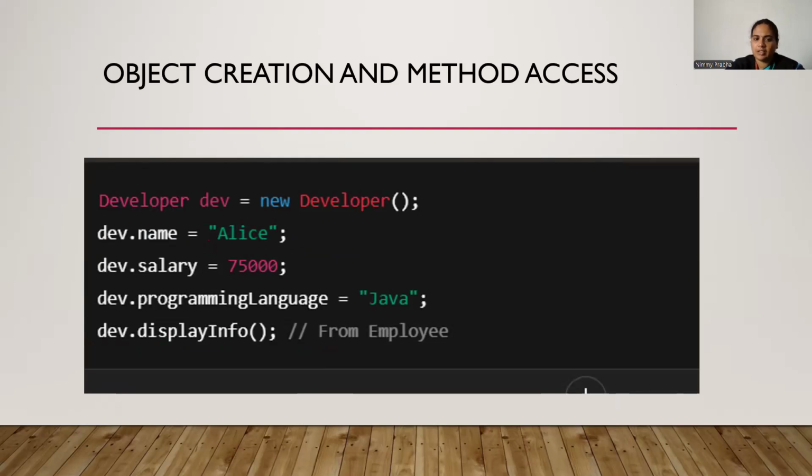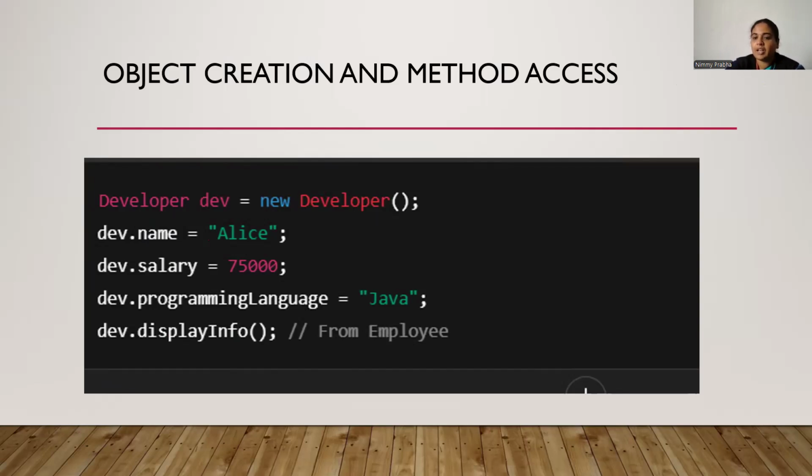Here we created one object for the Developer class: Developer dev is equal to new Developer. With the help of that object, we input some details to the developer: name, salary, programming language, and then developer dot display info.